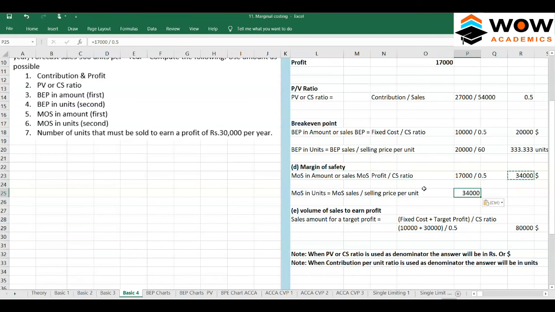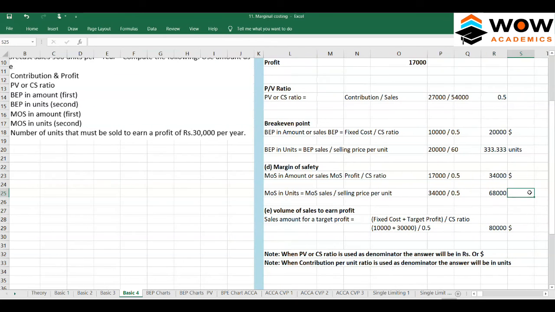So 34,000 is the MOS sales, divided by 0.5, the PV ratio or CS ratio. Let's get the answer. So 68,000 units. Sorry, I think it should be the selling price. Sorry, selling price is 60. So this is the units. Okay, so hopefully we got everything here.